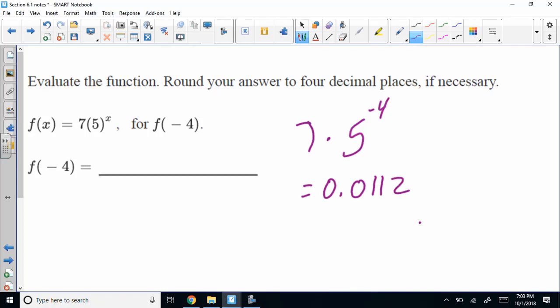I got that out to 4, right? Y'all agree? Everybody in agreement? 7 times 5 raised to negative 4, right? That negative 4 is really like that 5 being to a 1/5, right? 1/5 raised to the 4th there.